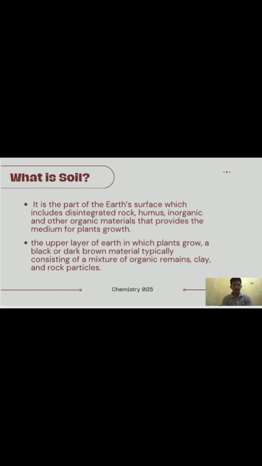Soils are a composition of mineral particles 45%, organic matter 5%, air 25%, and water 25%. So, yung soil daw, binubuo siya ng 45% ng mineral particles at saka 5% ng organic matter at saka tubig na 25%.